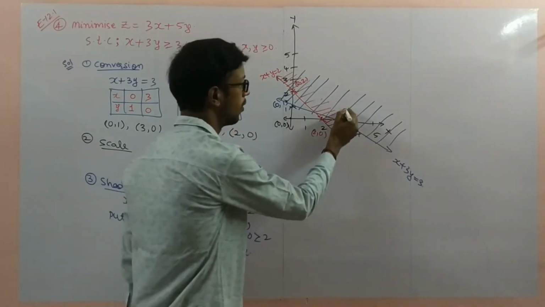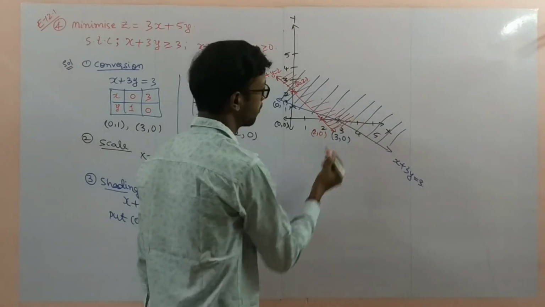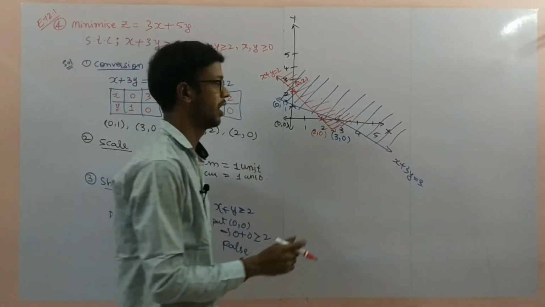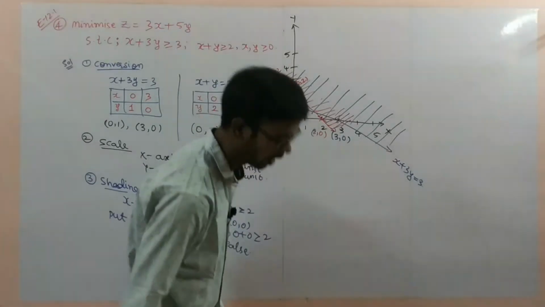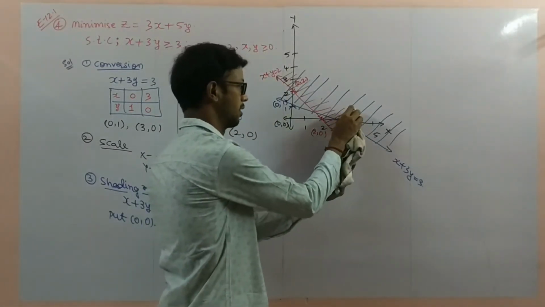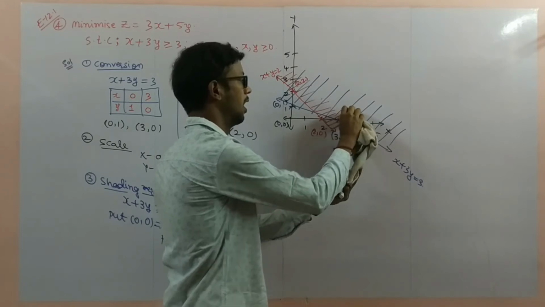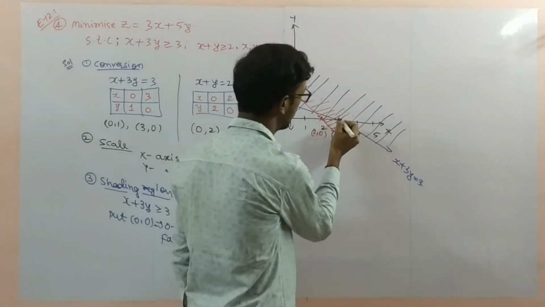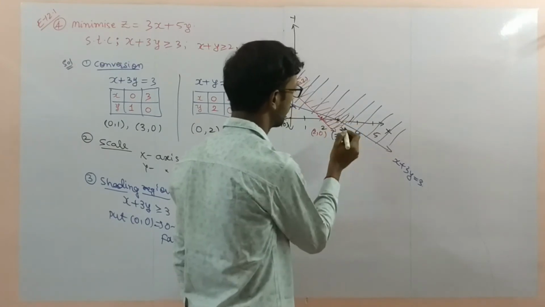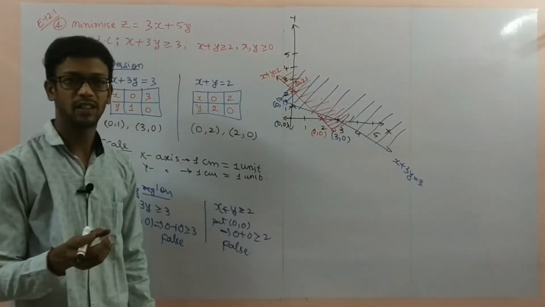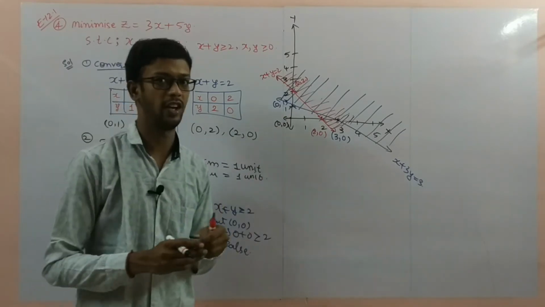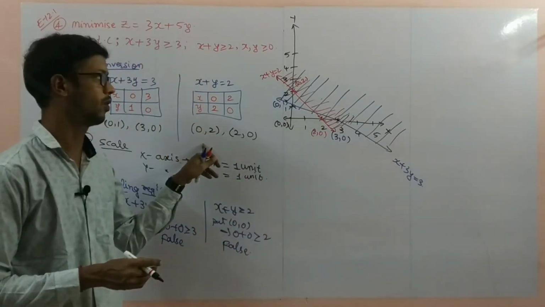So now the common region, bounded by all the constraints. So what is the common region here? Common means where the red color lines and blue color lines combine, and in the first quadrant only.